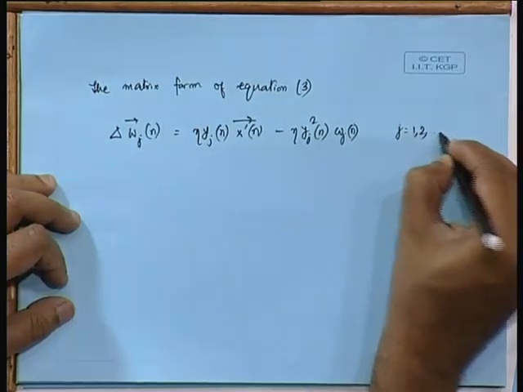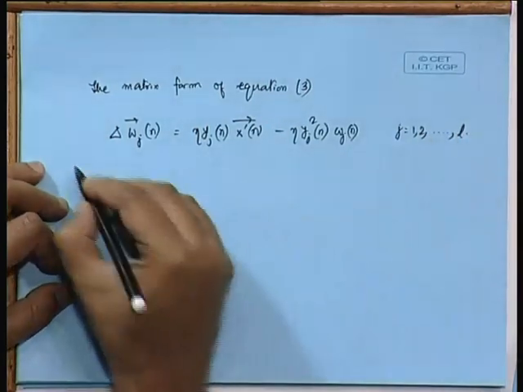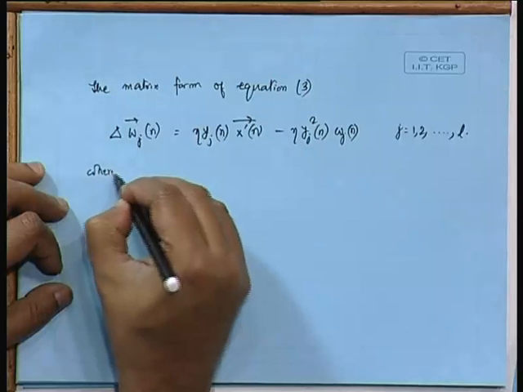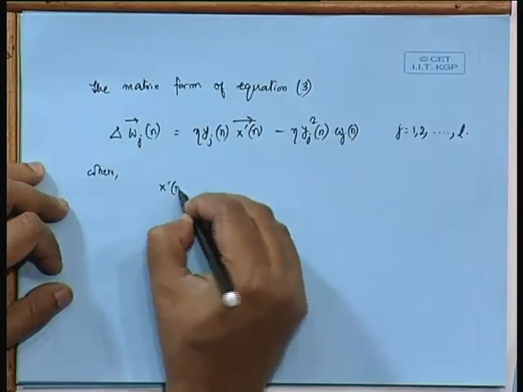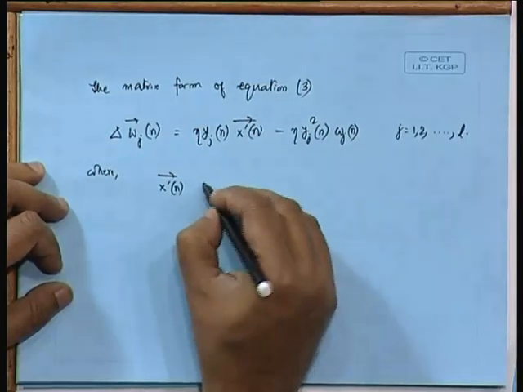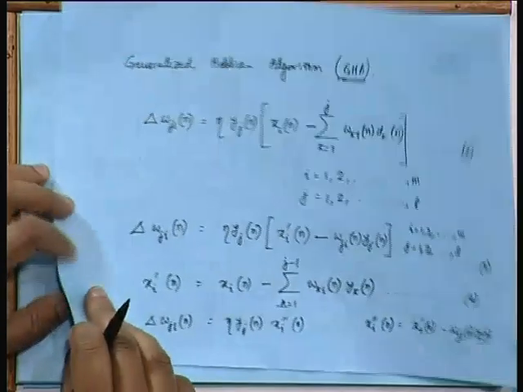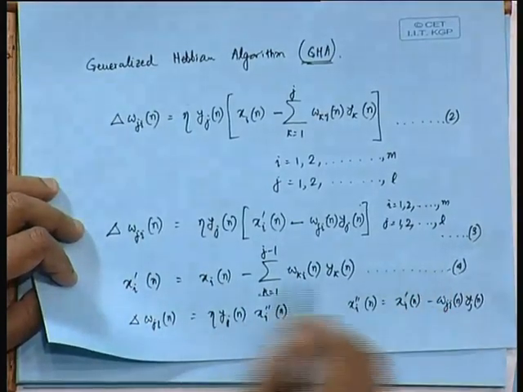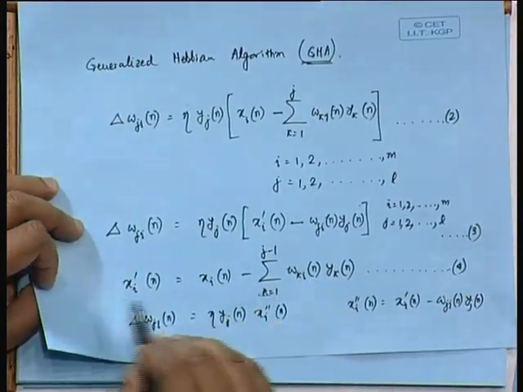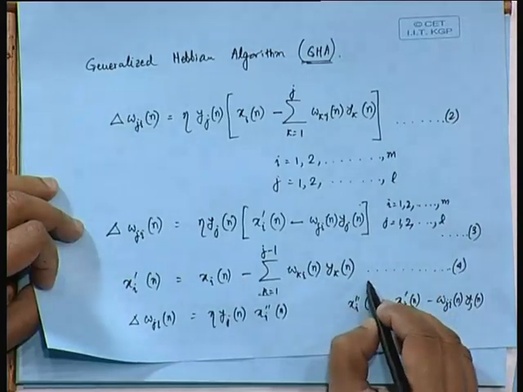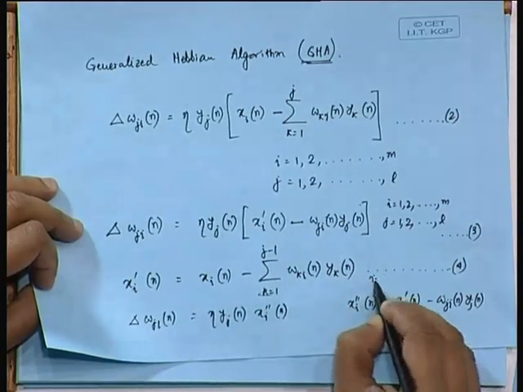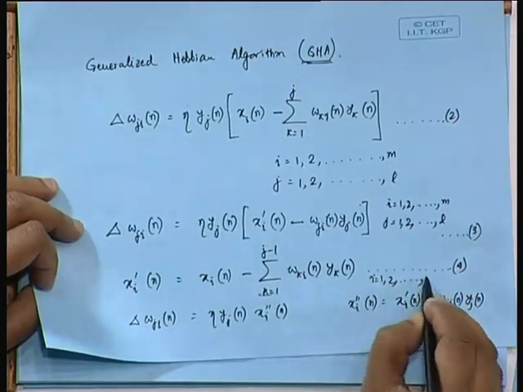equal to 1, 2 up to l, where in this equation x prime n as a vector is equal to the definition of equation number 4 we can simply apply. Again, this equation number 4 also is to be written for all the i's. So, this is valid for i equal to 1, 2 up to m.